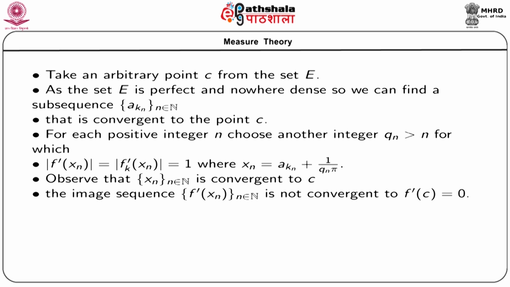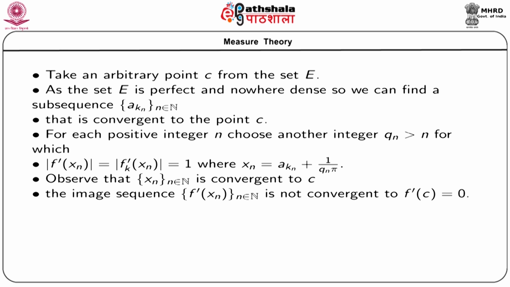Observe that the sequence x_n is convergent to c, because the sequence a_{k_n} is already convergent to c, and 1/(q_n pi) tends to 0 as n tends to infinity.